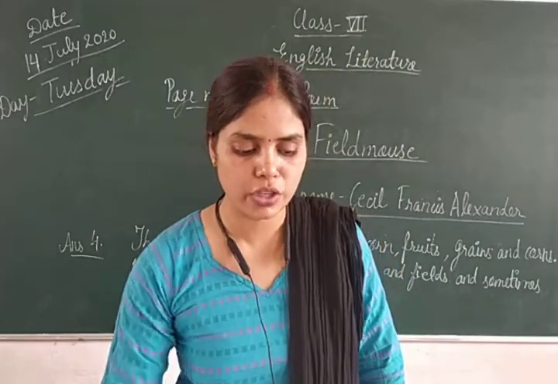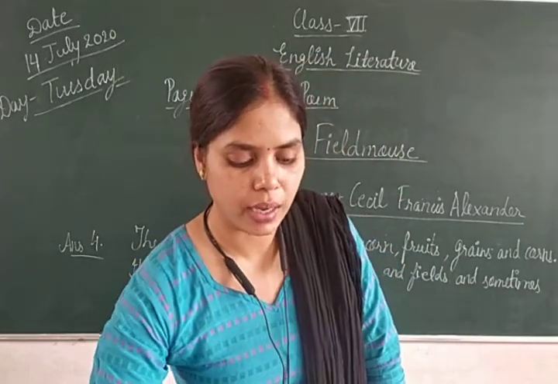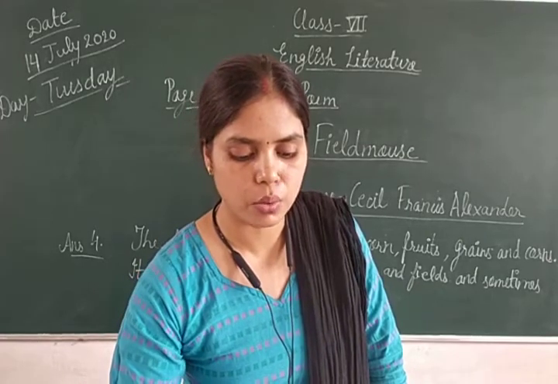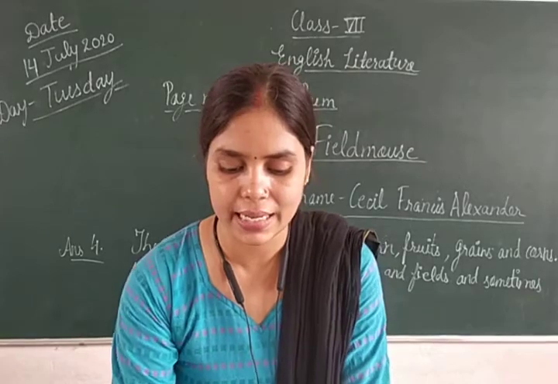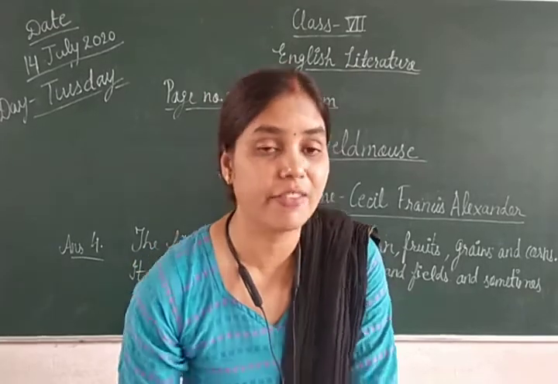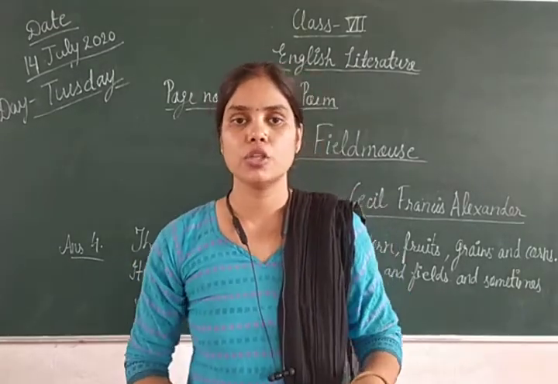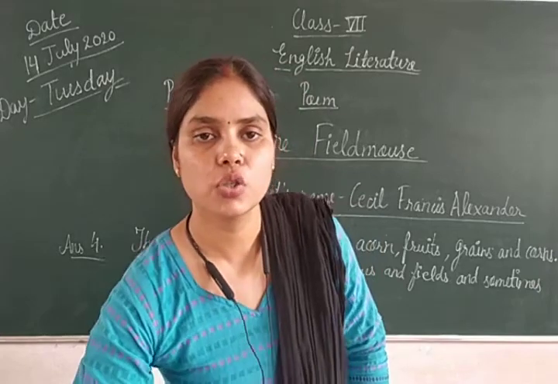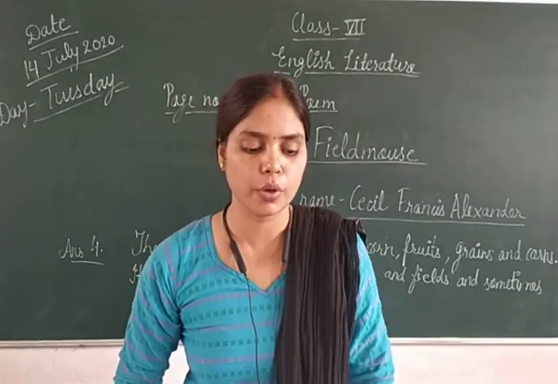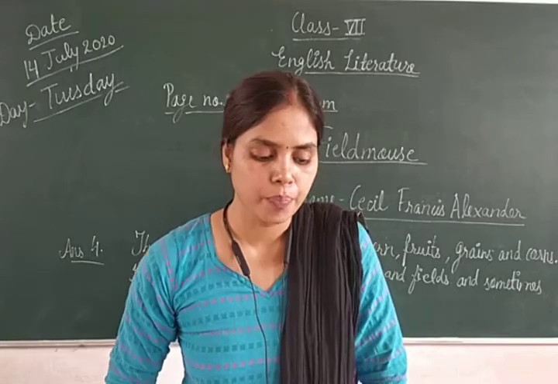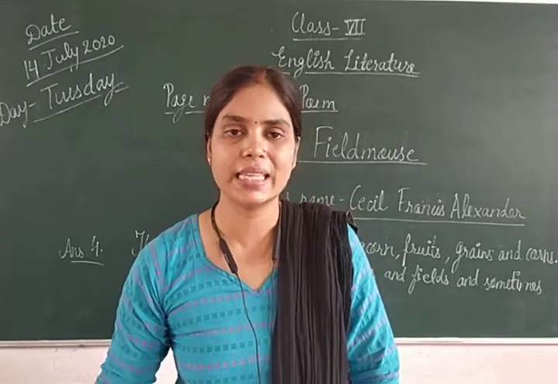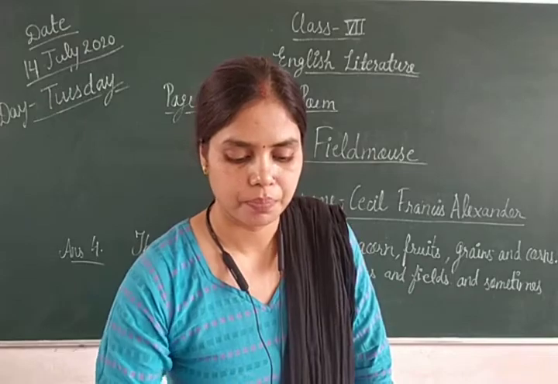Now the last question is: read the following lines from the poem and answer the questions that follow. So question number 9 is the reference to context. Okay, so from your poem there is one line given here, and you have to write who is implied by he.